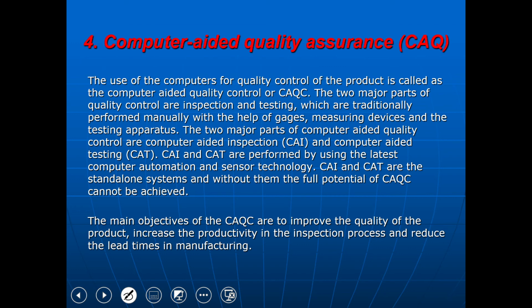With CAI and CAT, we can use the latest computer automation and sensor technology to do automatic inspection. CAI and CAT are standalone systems, and without them the full potential of CAQ cannot be achieved.